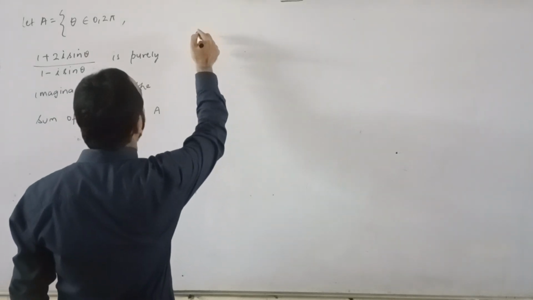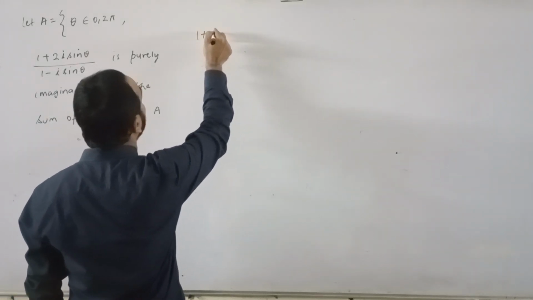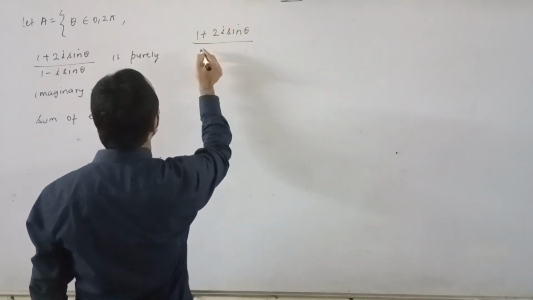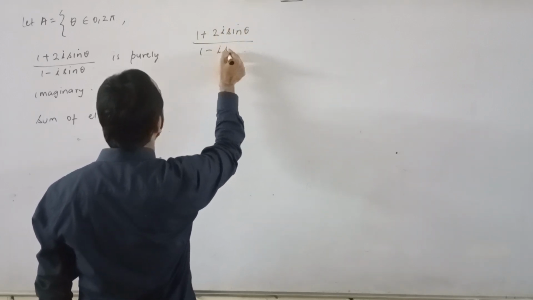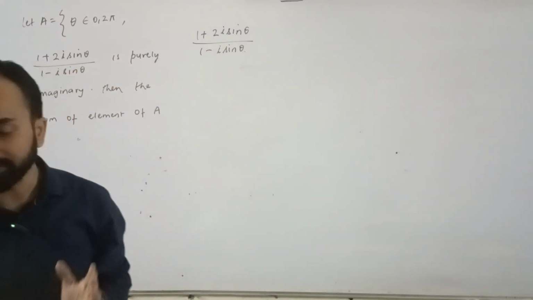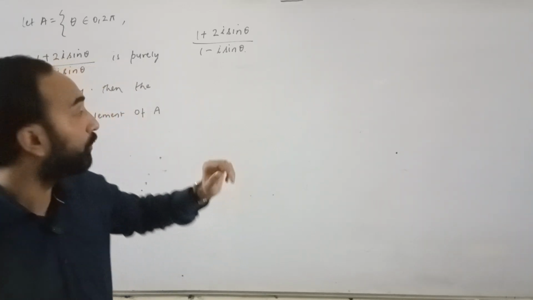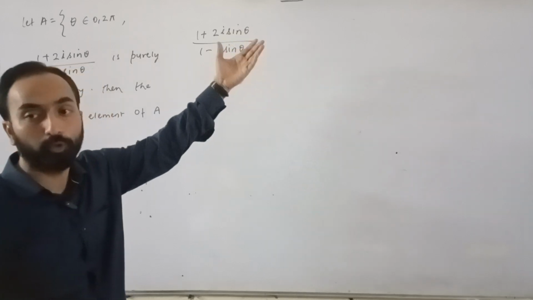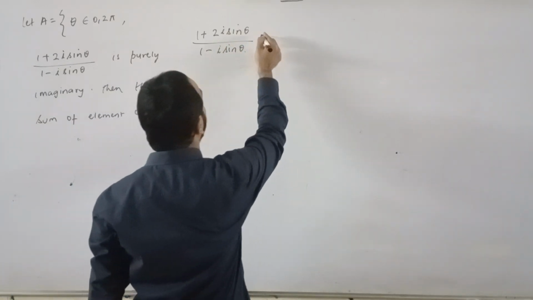Okay, so first step is they have given 1 plus 2i sin theta divided by 1 minus i sin theta. So first step we will do, we will rationalize it, and in the process of rationalization we know this sign will change, here it is minus, so it will change into plus, and we will multiply in the numerator and the denominator.